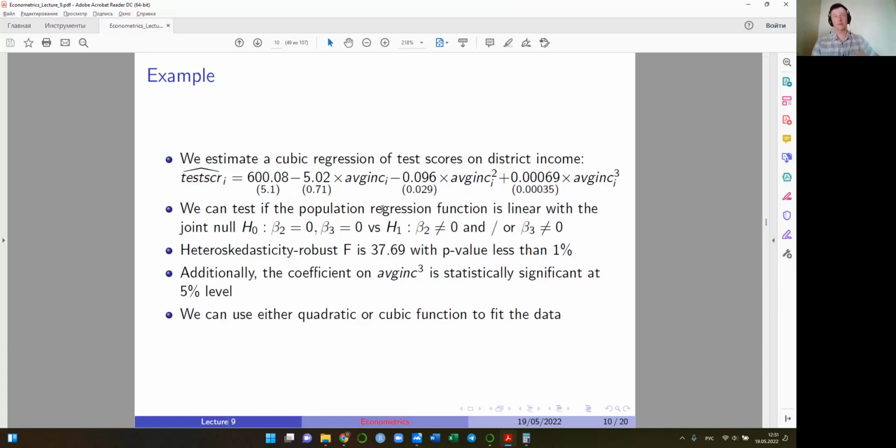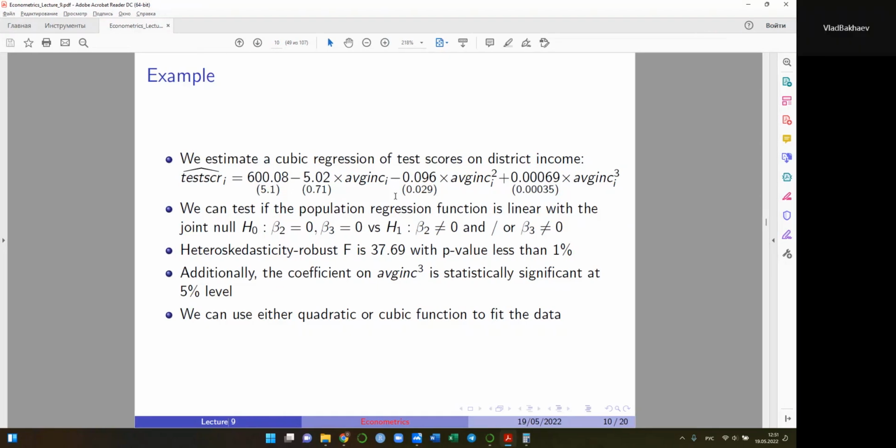No. The control variable is average income. But if we know that this control variable has a nonlinear effect on test score, we can include average income in polynomial form, like average income squared, average income cubed at most.